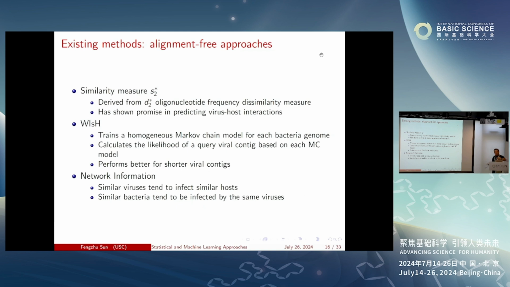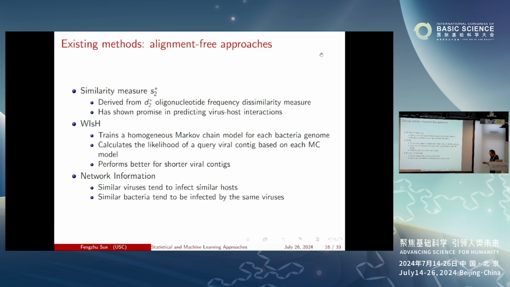Actually, if you go back to statistics, it's related to the likelihood ratio test statistic, because a very important part in statistics is to remove the background. So that's the likelihood ratio. So anyway, this is some earlier work, and then in another publication we showed that S2 star can be used to measure the similarity between virus and the host, and can be used to predict virus-host interactions.